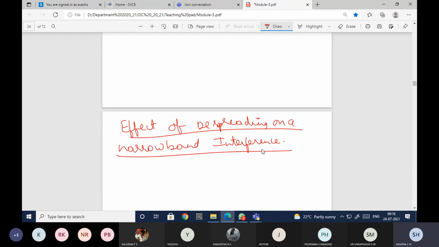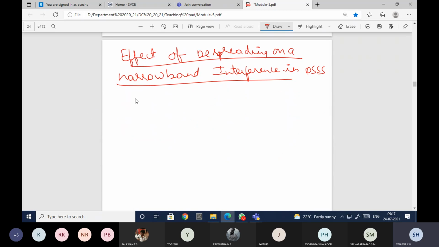In the exam, they may ask you to explain the effect of despreading on a narrowband interference in direct sequence spread spectrum. See, whatever we are studying is DSSS, direct sequence spread spectrum. So what they are asking is the effect of despreading on the narrowband interference in DSSS.